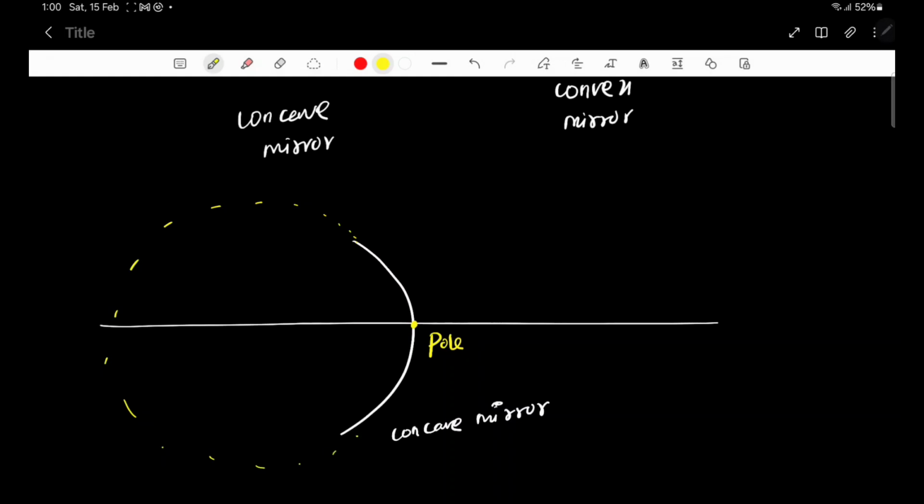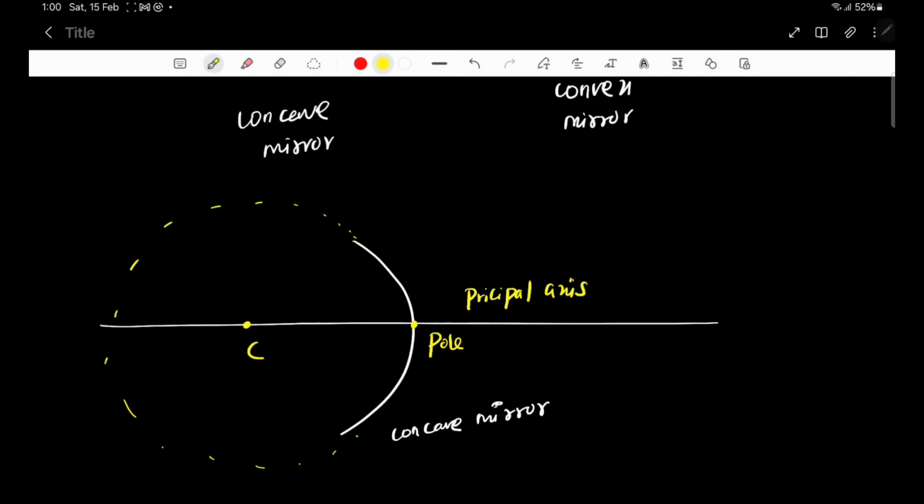That larger sphere should definitely have a center point. That center point is called the center of curvature. So if you imaginarily connect the center of curvature and pole through a line, that line is called the principal axis. It's an imaginary line which connects the center of curvature and the pole.